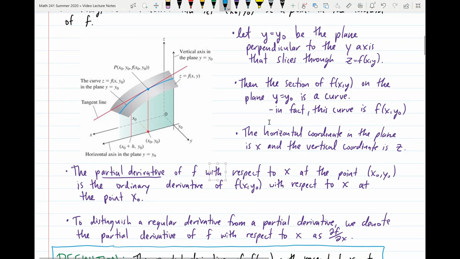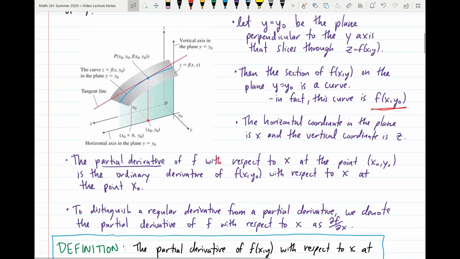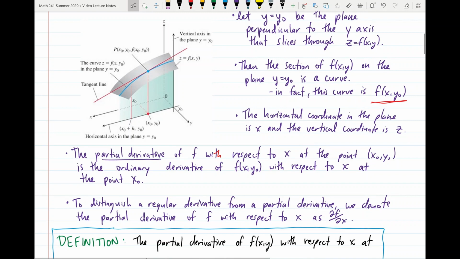And in fact, we can denote that curve as f of x, y naught, because it's going to be the set of all points such that the y coordinate is equal to y naught. That's going to be the domain, and then you're going to have different z values that pop out of the function when y naught is held constant inside of the plane. So the horizontal coordinate in this plane, y equals y naught, is x, and the vertical coordinate in the plane is going to be z.